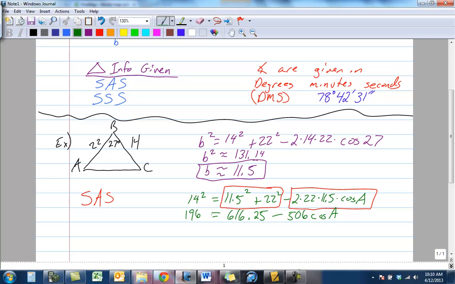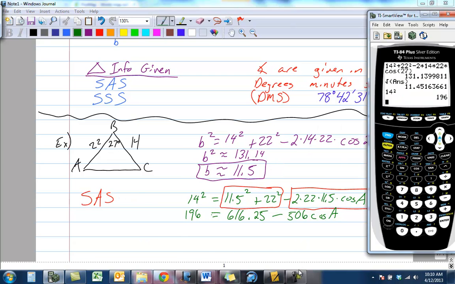Now it's an algebra problem. You're going to subtract 616.25, so 196 minus 616.25. You get negative 420.25. Let's write that down.